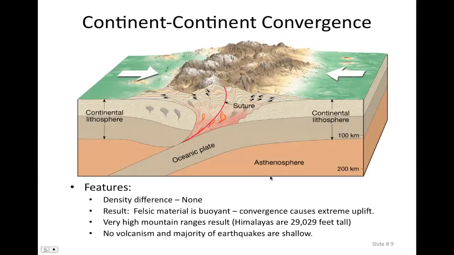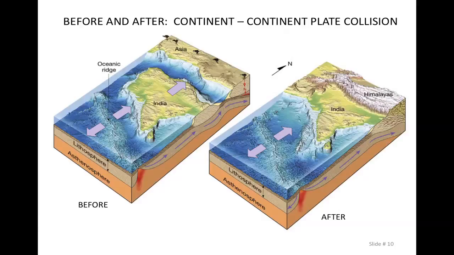Let's go to the next slide. What you see here is two block diagrams, before and after, of basically our only continent-continent collision zone in the world today, India and Asia. This is where Mount Everest, our tallest mountain range, is located. Let's talk about how this works. Before we had the collision, you'll notice we have the spreading center, the mid-ocean ridge, through here.